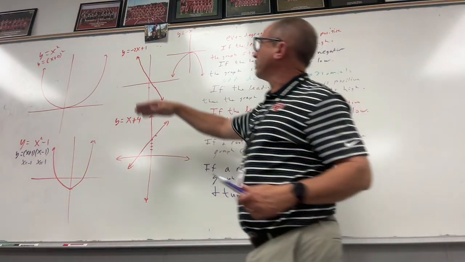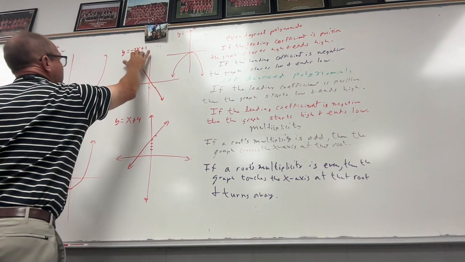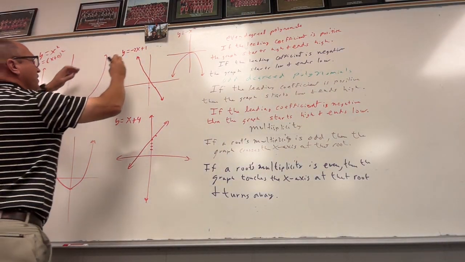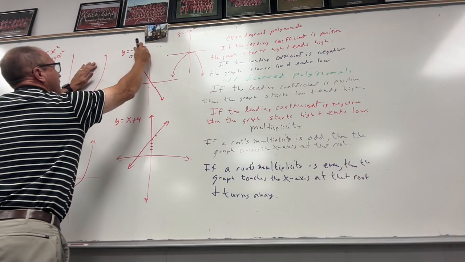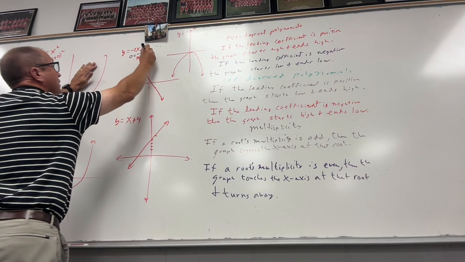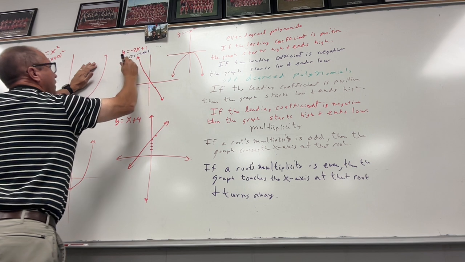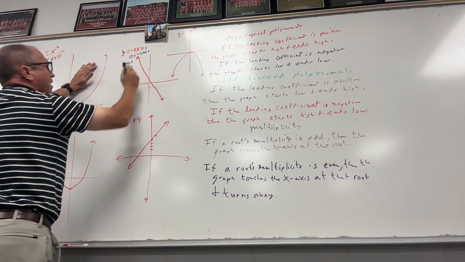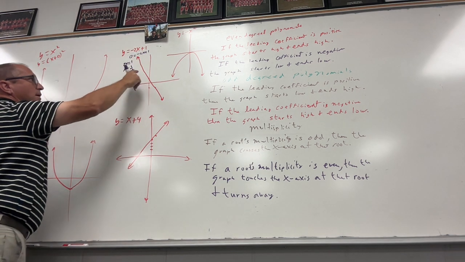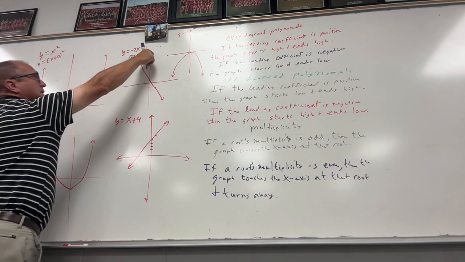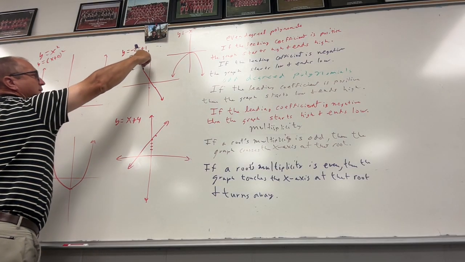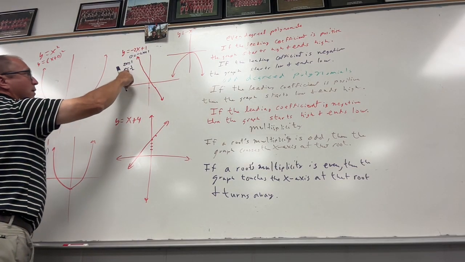It even works on this. If this is my root, if I set that equal to 0, 0 equals negative 2x plus 1, then that means that 2x equals 1, so x equals 1/2. Well, this is an odd multiplicity because it's to the first power.